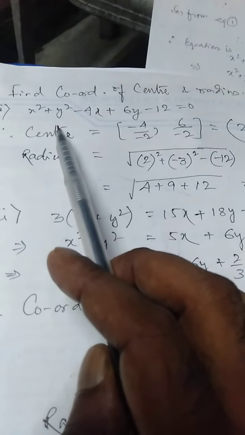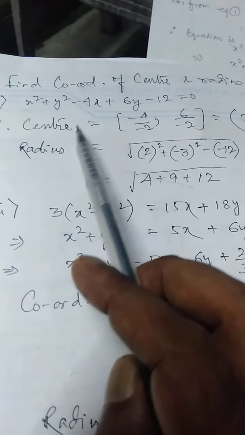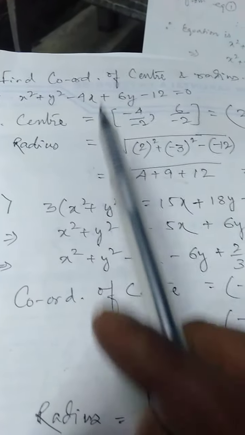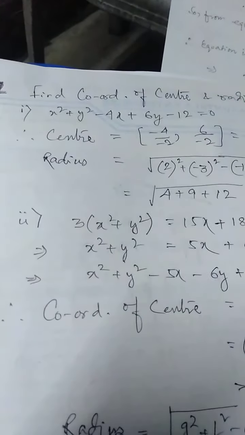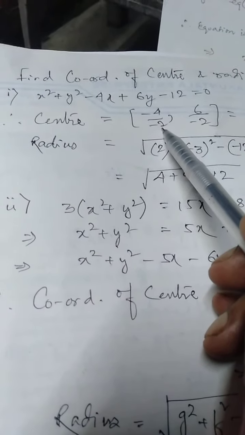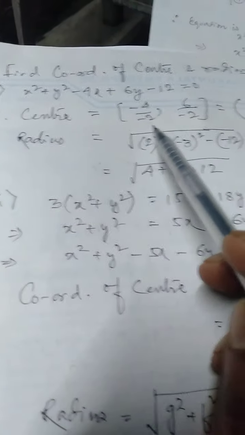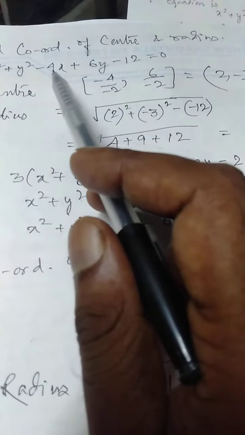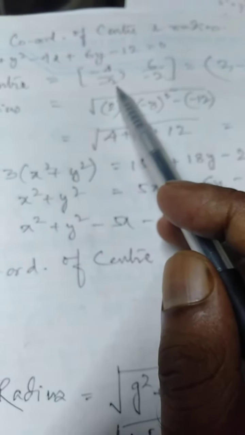Now we are going to do some sums. Find the coordinate of center and radius. See, a circle equation is given. You have to find the coordinates of center and radius. So what I told you, if the coefficient is 2g, we have written g. So how to find the center? What is the trick? You divide the coefficient of x and coefficient of y by minus 2.